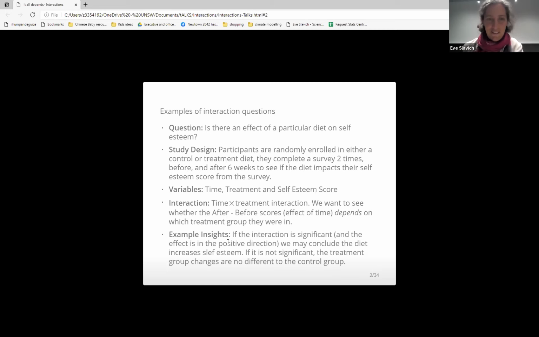Also, we'd want to have a look at the direction of the effect to make that conclusion. And if the interaction is not significant, then we're going to conclude that the treatment group changes are no different to the control group changes. So it could just be some kind of learning effect from completing the self-esteem survey twice that they both get.